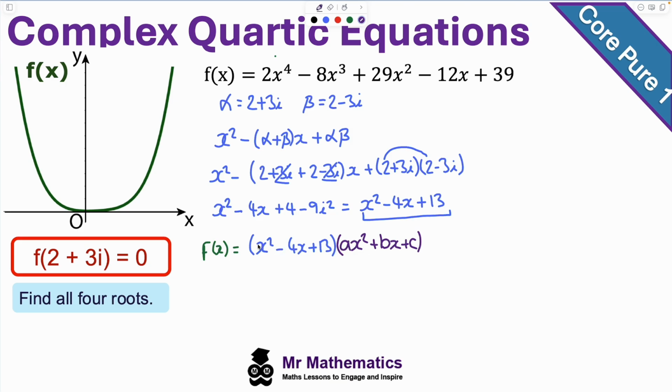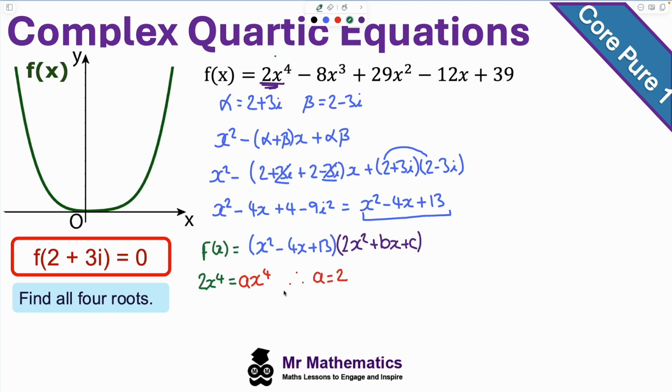Now we know the x to the 4 term must be 2x to the 4. So on the left hand side, the 2x to the 4 would be from the x squared times the ax squared. So this will be ax to the 4. So we're just equating terms here. So therefore, a must be equal to 2.